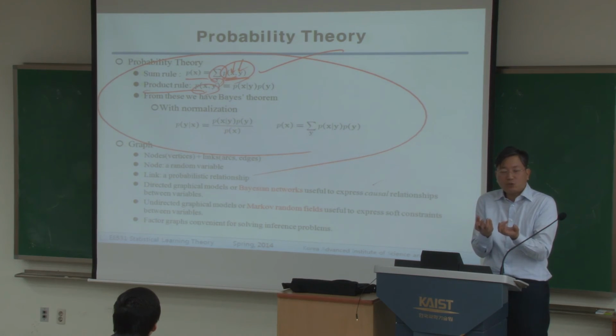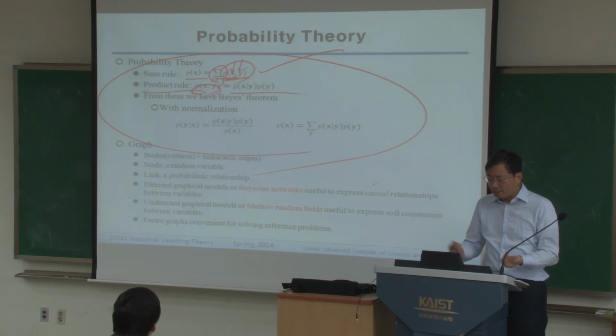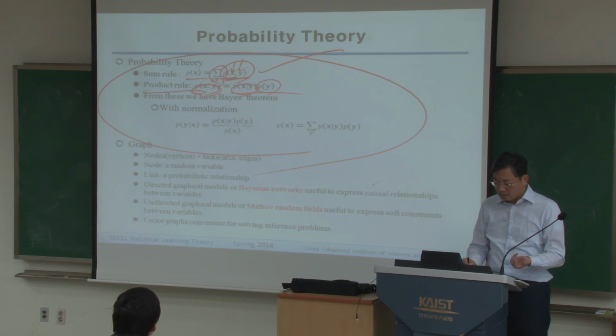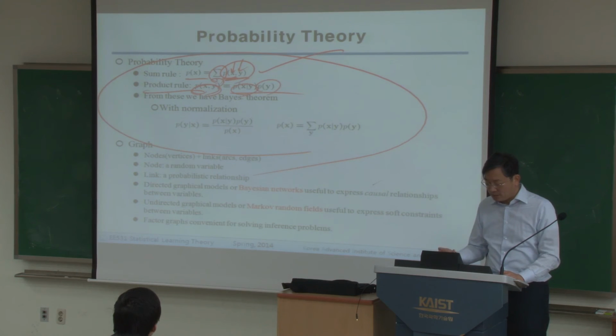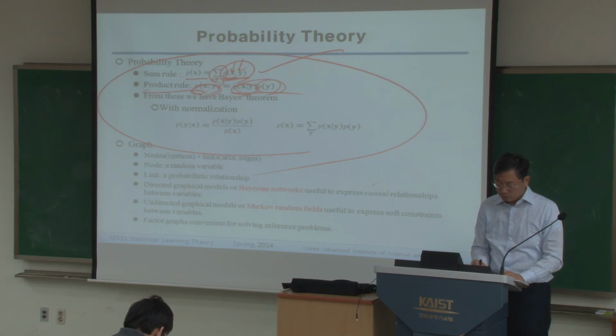X and y happening together. What's that probability? That is, okay, y happened with this probability. Then, given y happened, the probability of x. Okay? That's the product rule.